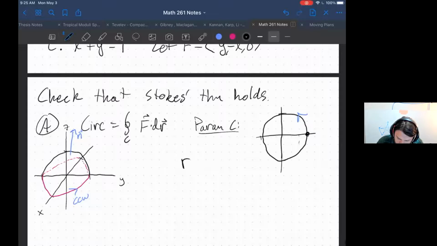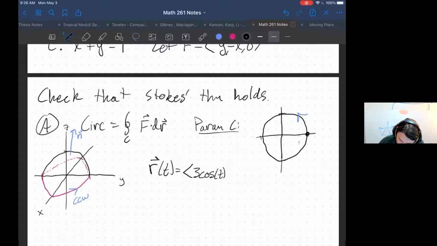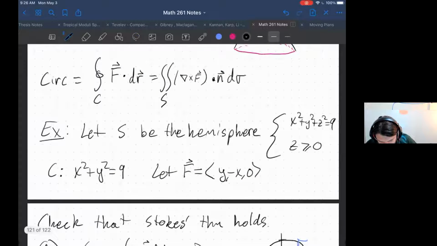Okay, so to parameterize C, not that big of a deal. We've done this before. It's a circle, so we can use polar coordinates. So to change from x and y to r and theta, we change it to 3 cosine of t, or theta if you're not using t, comma 3 sine of t, comma 0. Right, in this integral, do we need to be in 3 dimensions?